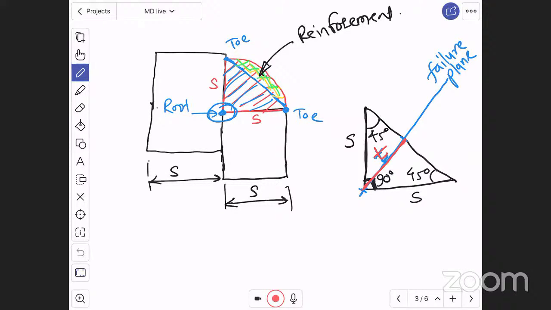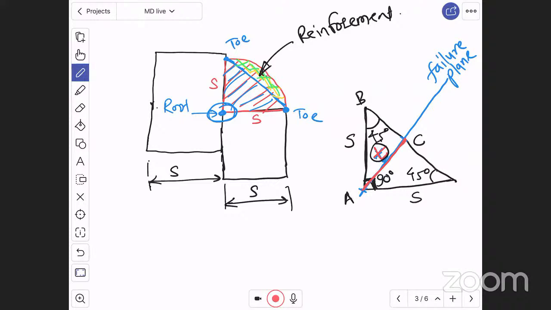Now let us find this thickness T, because this is very important, my dear students. Many times in the GATE examination, they ask questions on this only. Now let us consider a triangle.